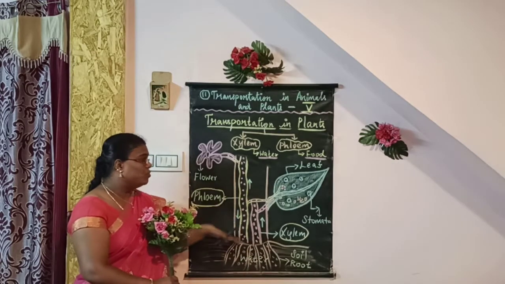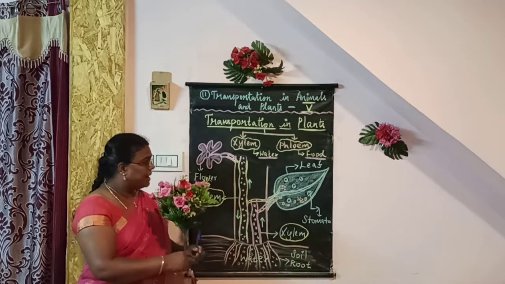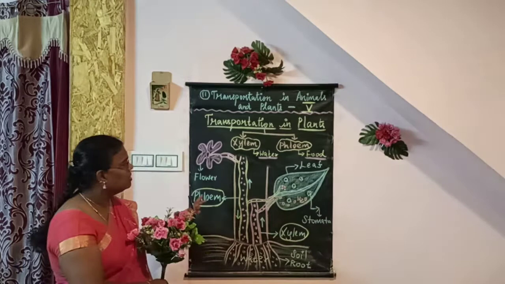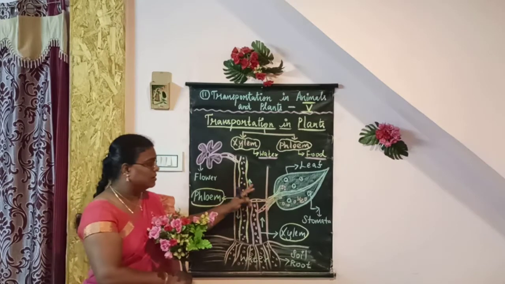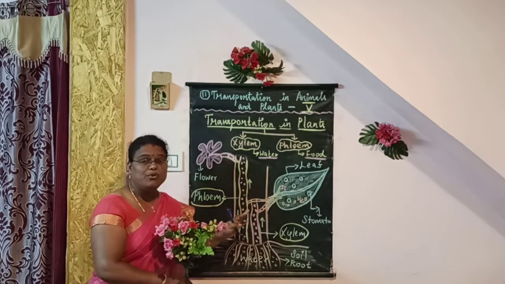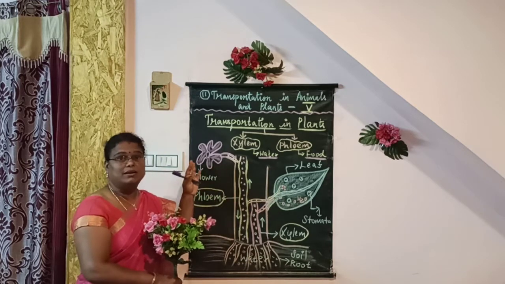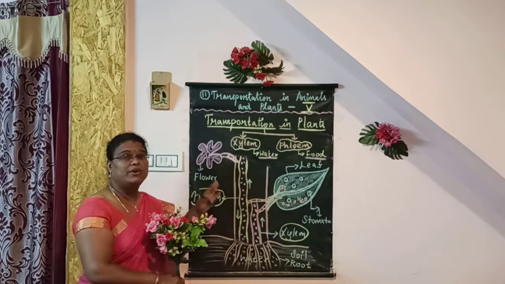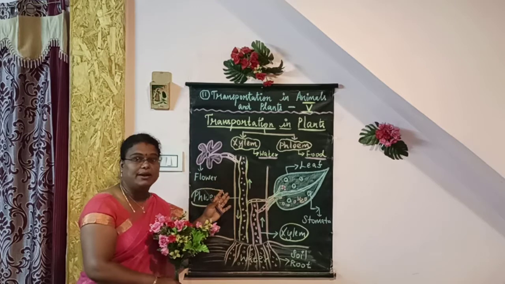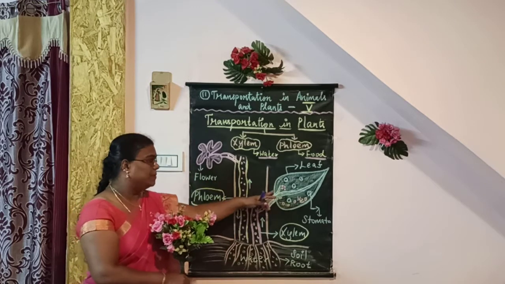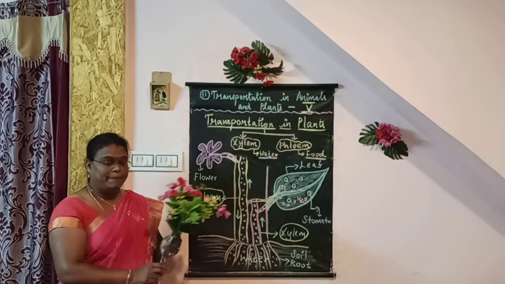This is about the function of xylem and phloem. And students, only the green parts can undergo photosynthesis because of the presence of chlorophyll. Other parts are not green because of the absence of chlorophyll, so they can't undergo photosynthesis. The food is transported from the leaf to other parts of the plant.